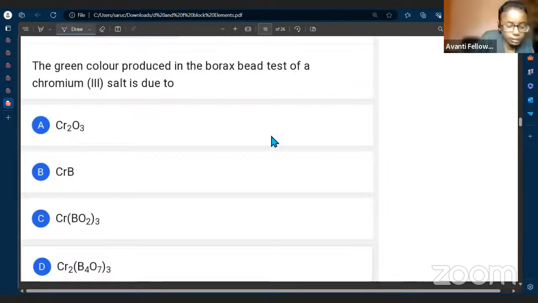Why is the borax bead test used? It is performed for colored salts.